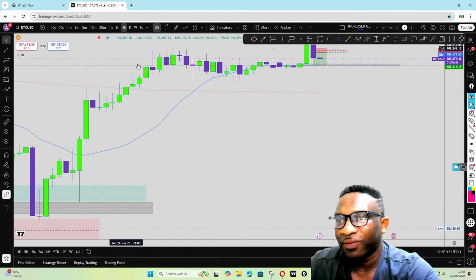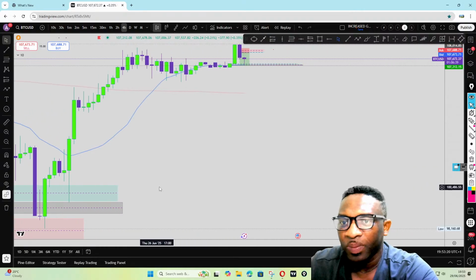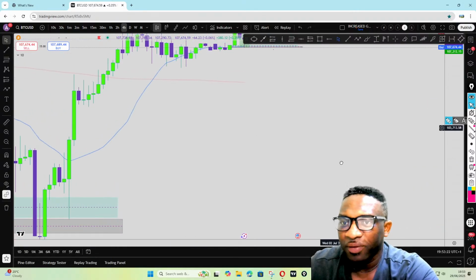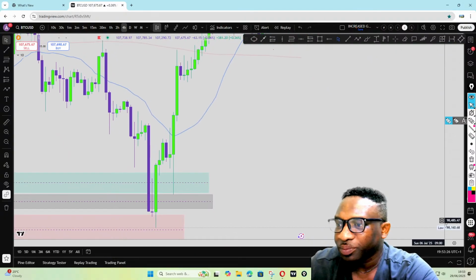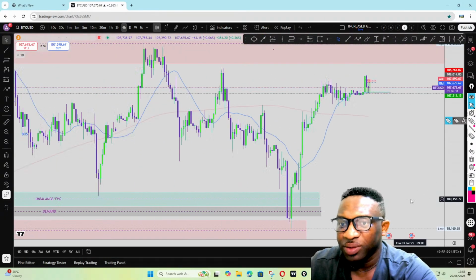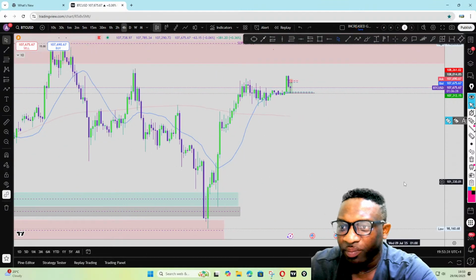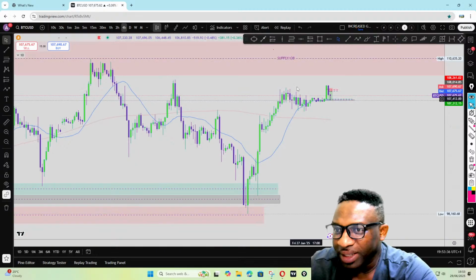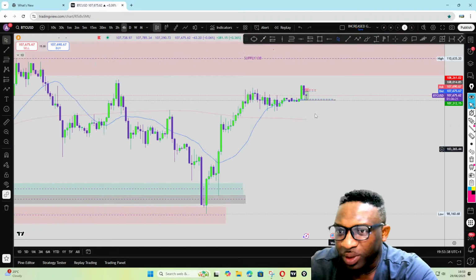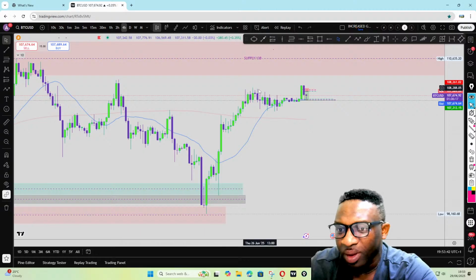So let's go to the 4-hour time frame. On the 4-hour time frame we have this consolidation here, after this massive move.